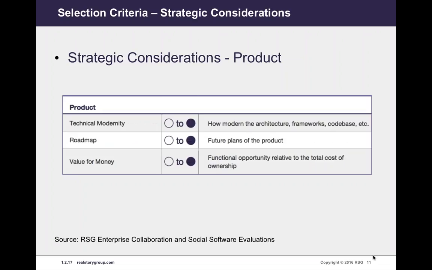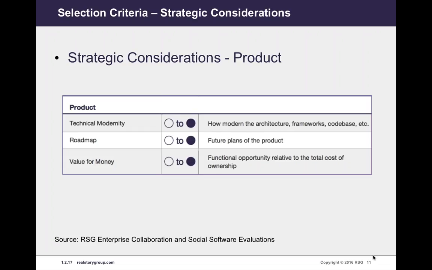So after the vendor strategy considerations, you want to consider the product. There is a tendency again to look a lot at product roadmaps. Of course, we do look at product roadmaps, but we find that they're perhaps not as important as the underlying technical architectures and frameworks, or we dub this technical modernity.